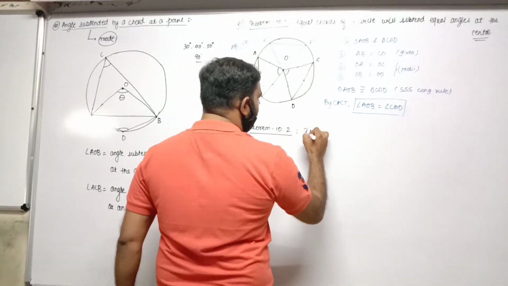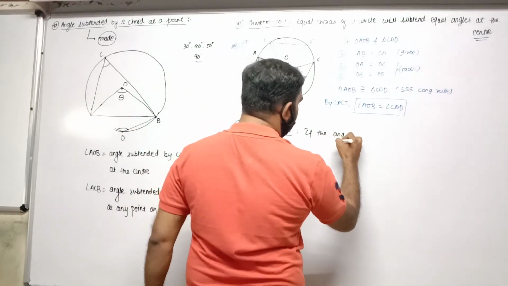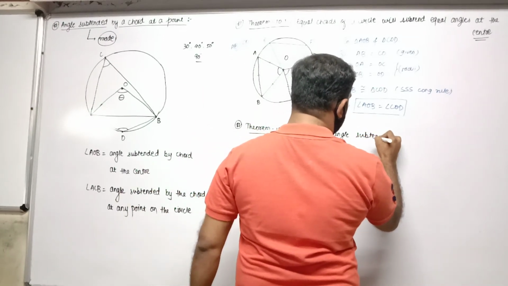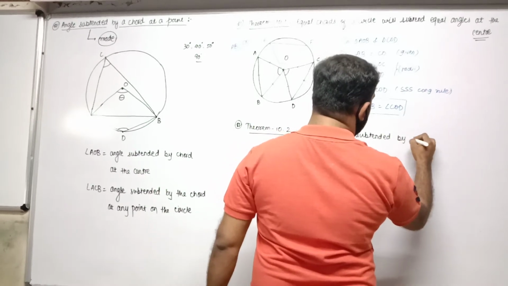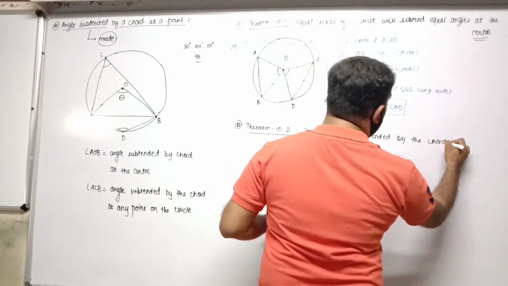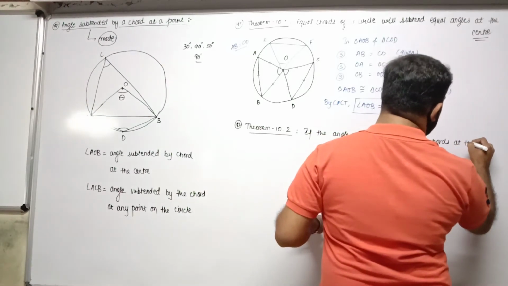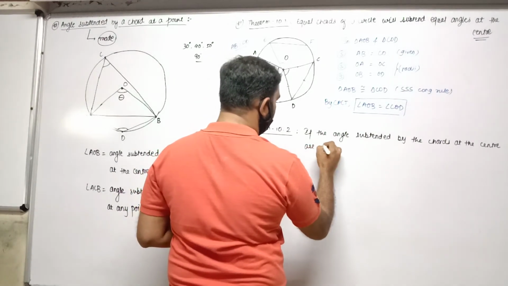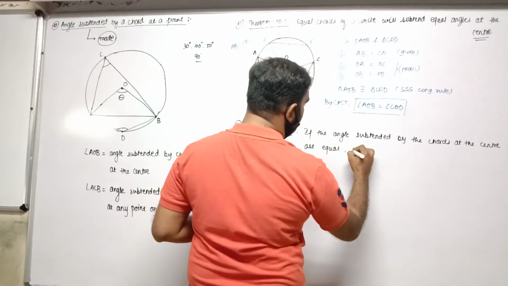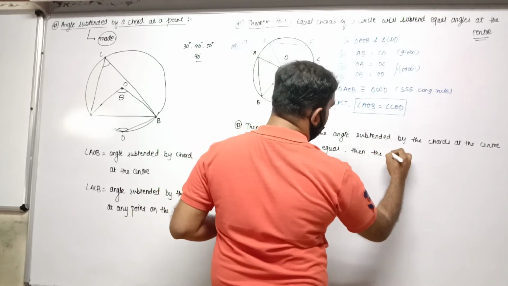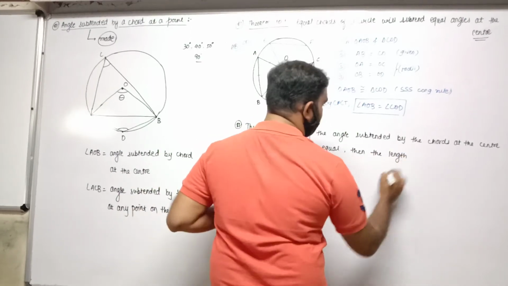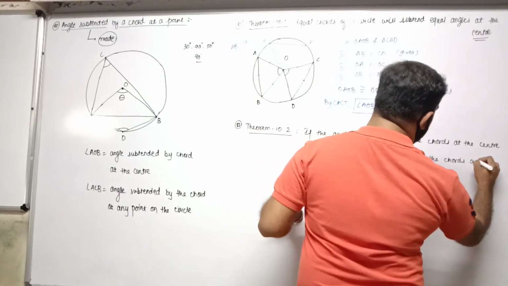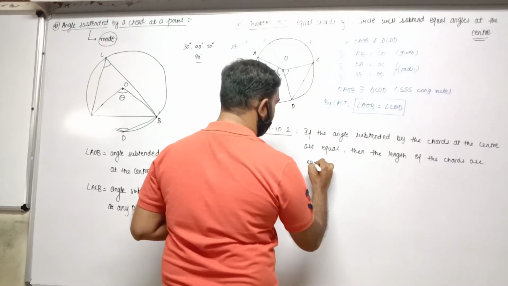The next theorem says that if the angles subtended by the chords at the center are equal, then the lengths of the chords are also equal.